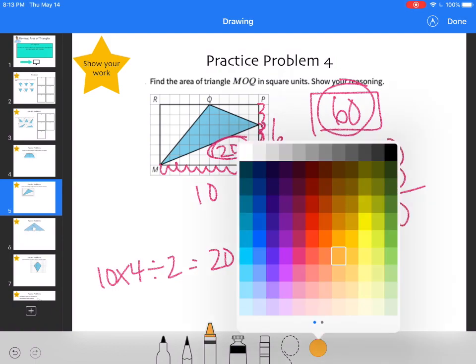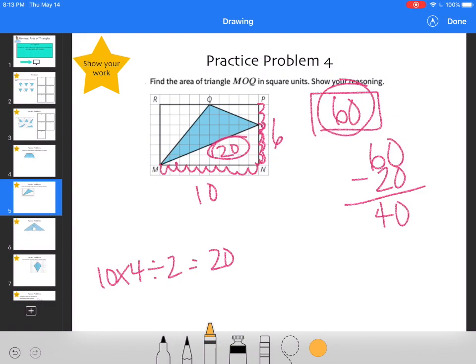I'm going to switch colors. 1, 2, 3, 4, 5 by 1, 2. So 5 times 2 divided by 2. So that's 5. So I'm going to subtract 5 units off. So I'm left with 35. Then I'm going to find the area of this other triangle over here.